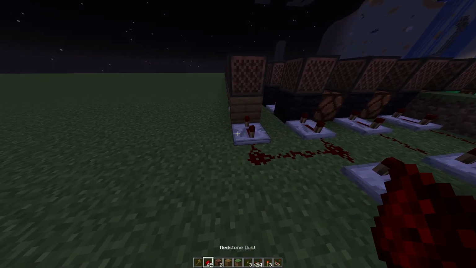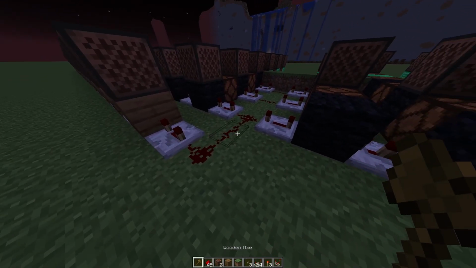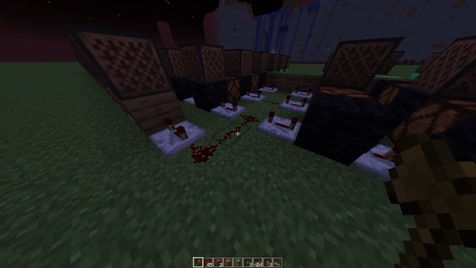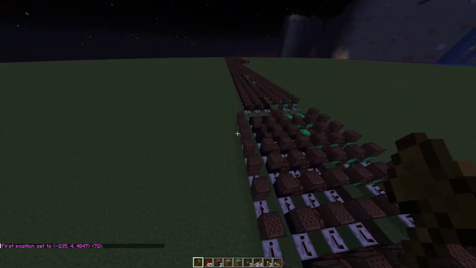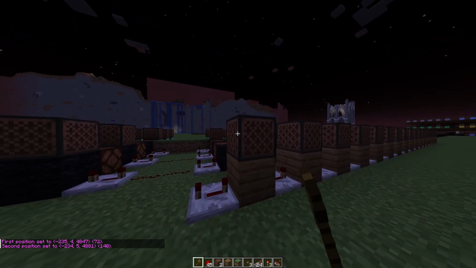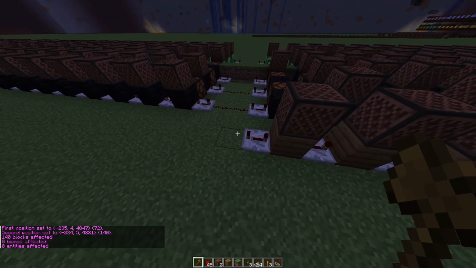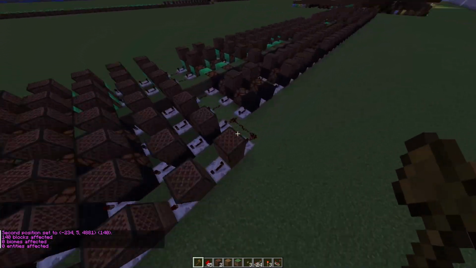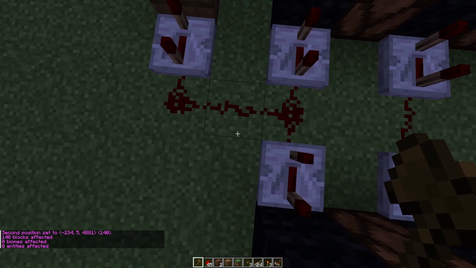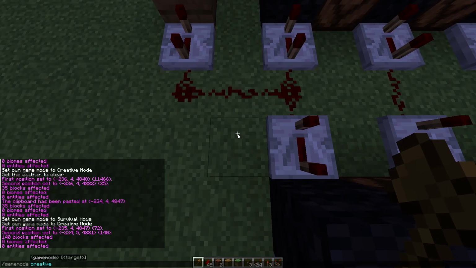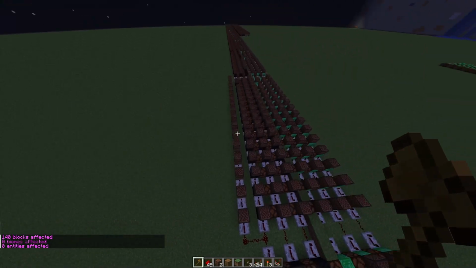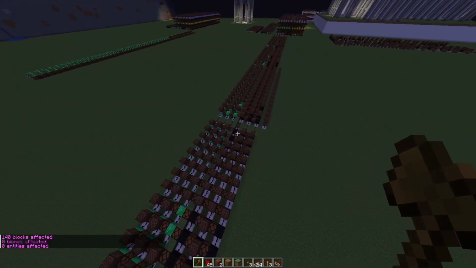So here we go. We just copy this there and there. Copy. Actually, whoops. We want to be standing right in front of that when we do the copy. So then what we do is we go forward here.